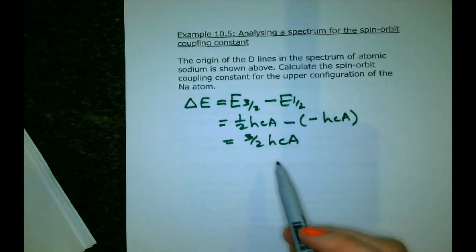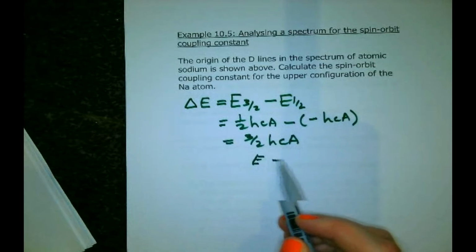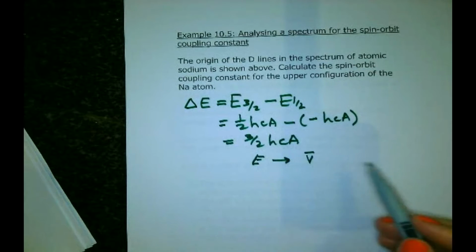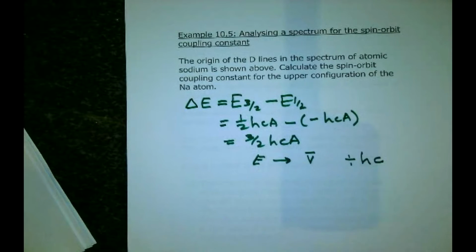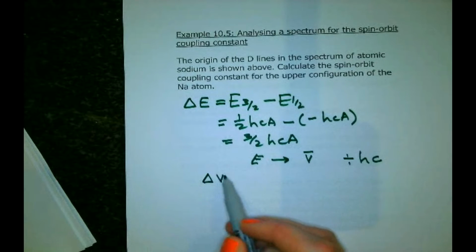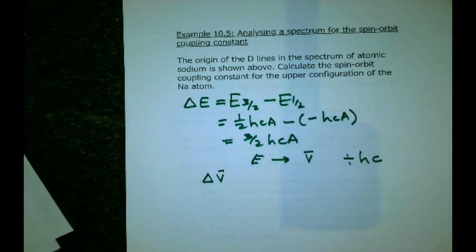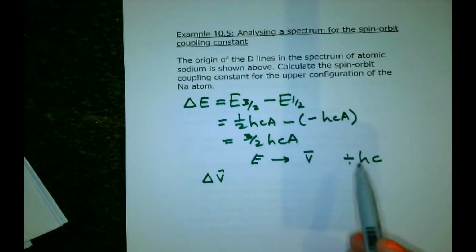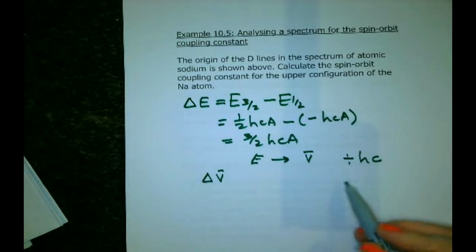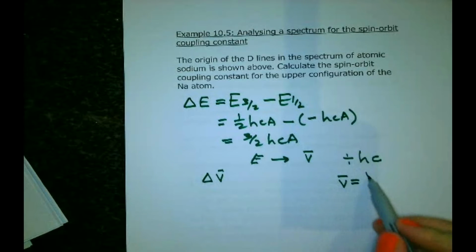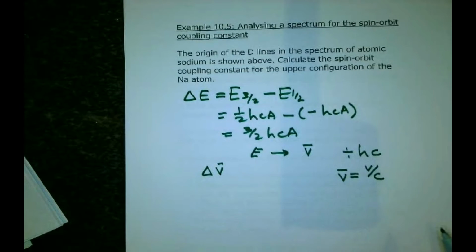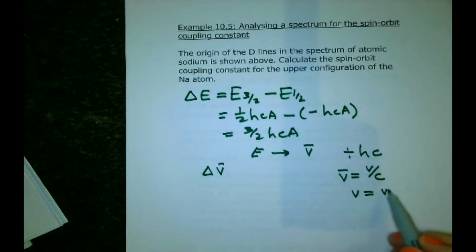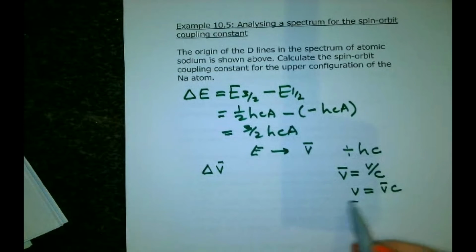Now if you want to go from energy to wave number, you have to divide by hc. So if we want to write that as a change in wave number, you can just go and check that. Let's quickly look at that. So wave number is frequency divided by the speed of light. So that is true, and we know that is true.